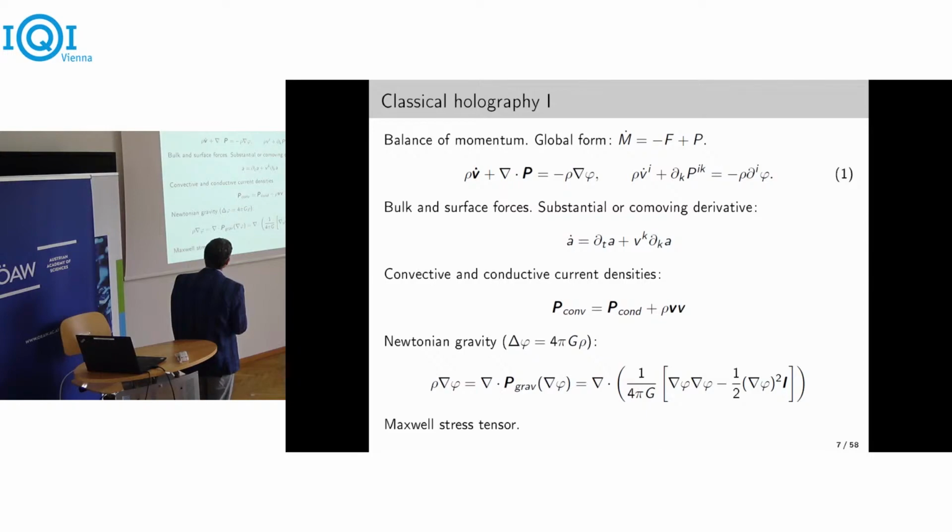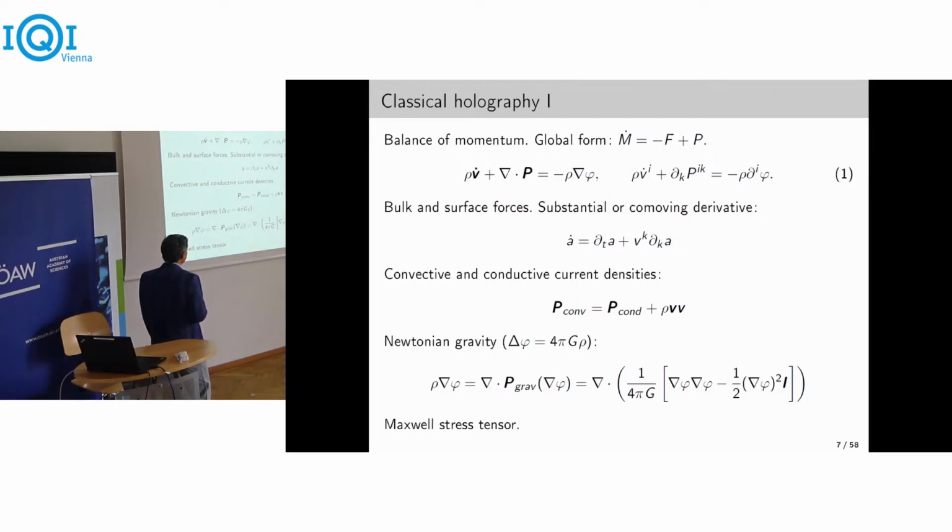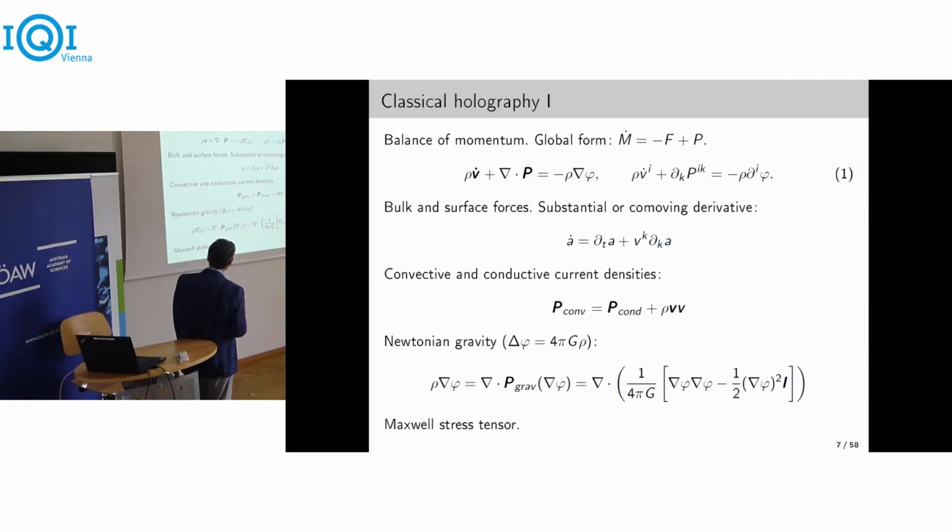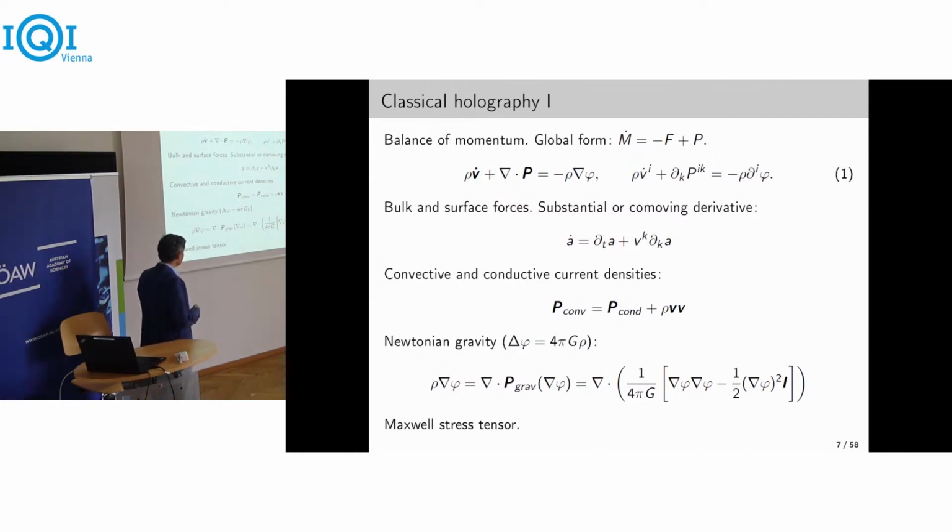And what is interesting is that for example, in the case of gravity, simply Newtonian gravity, the bulk force, the gravitational force, actually can be a surface force at the same time. Because the gradient of the gravitational potential becomes a divergence of a particular field tensor, a 3-tensor, it can be written this way, it's an easy calculation.